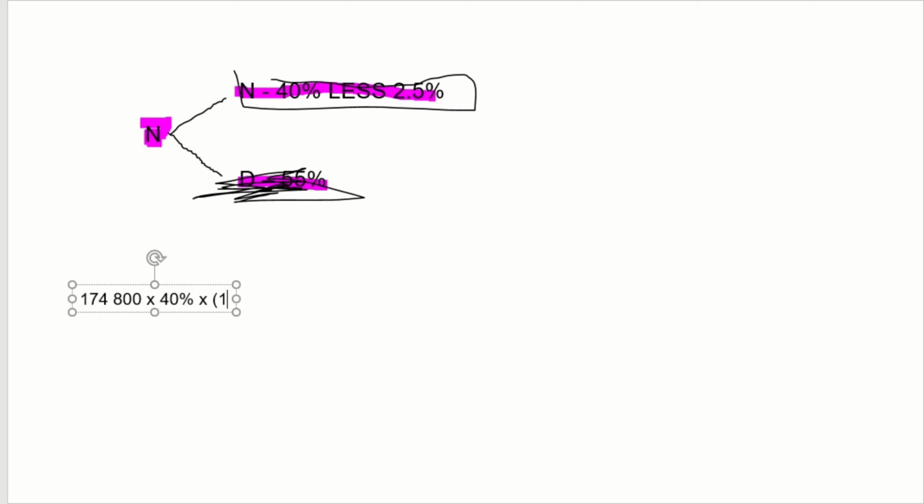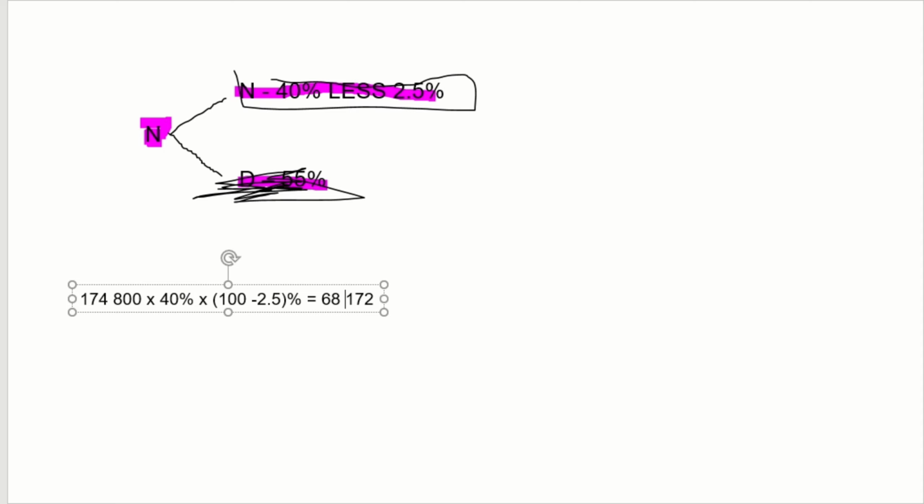How do we do that? We open a bracket, say 100, subtract 2.5 like that, close the bracket, and don't forget to put the percentage at the end. Input all of these on your calculator and you're going to get 68,172, just like that.